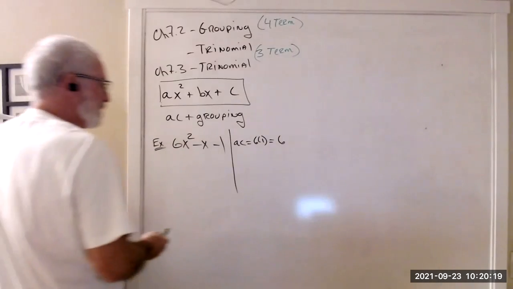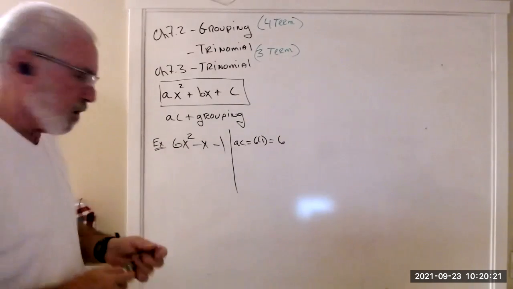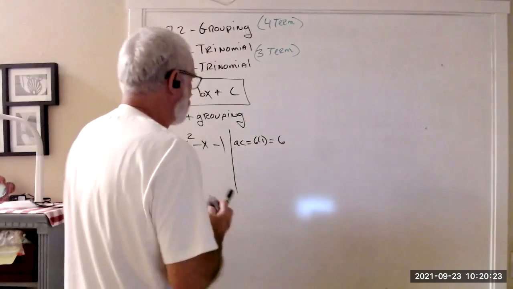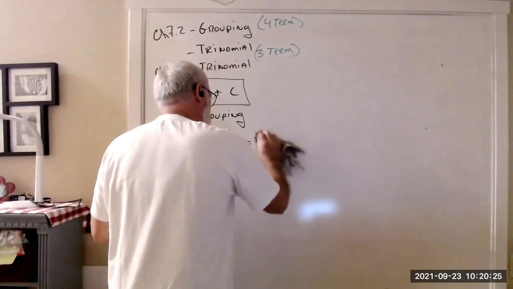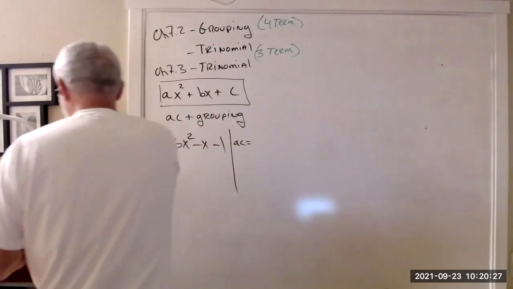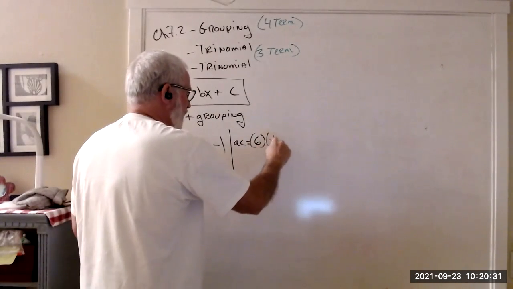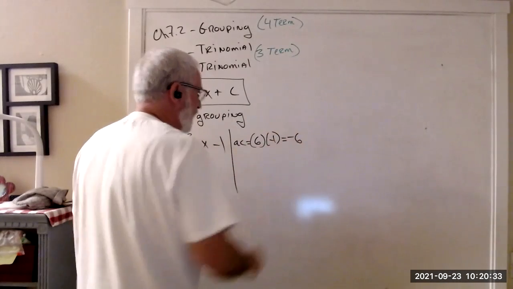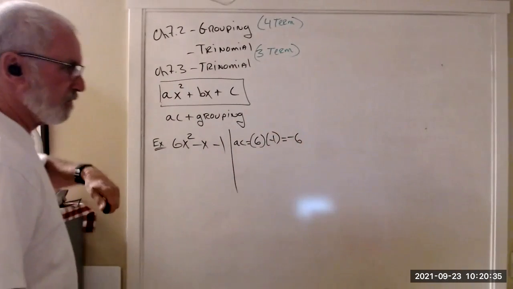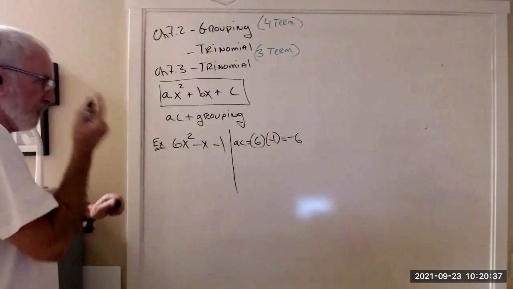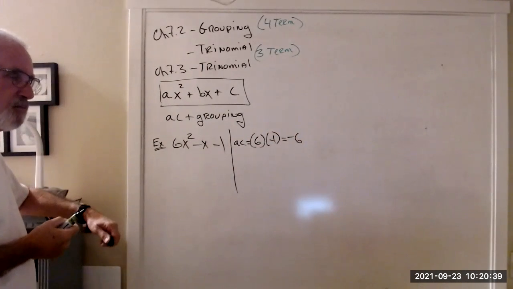That's wrong. I'm wrong. Check your notes. It's 6 times negative 1, which is negative 6. Sorry, that negative 6 is important.